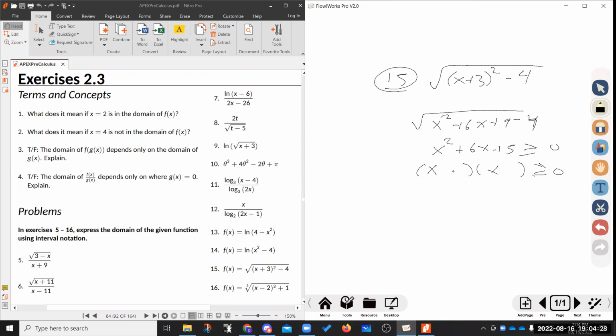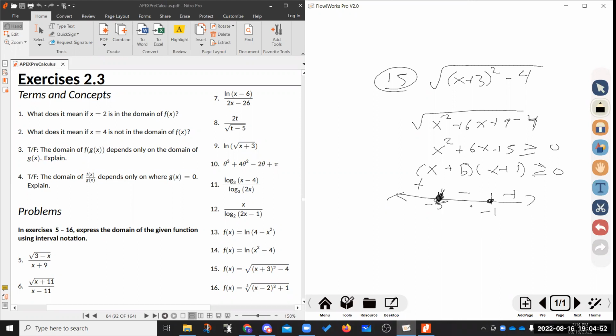X, 1, 5, 1. So that gives us zeros at -5 and at -1. We're going to be allowed to include those because it's greater than or equal to. And this is plus, minus, plus.